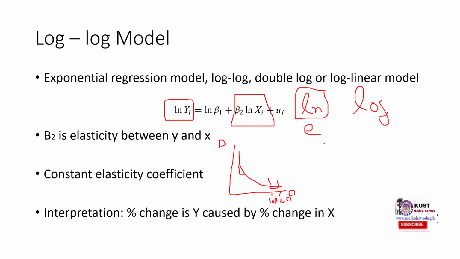If we represent it using a straight line, we regress the demand on the price, and we would get a straight line where our beta coefficient would be negative.